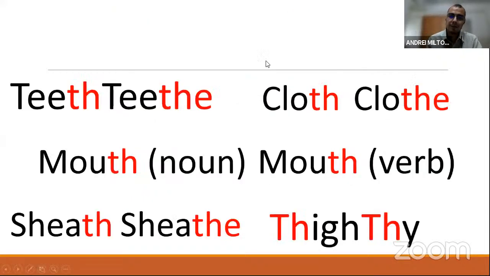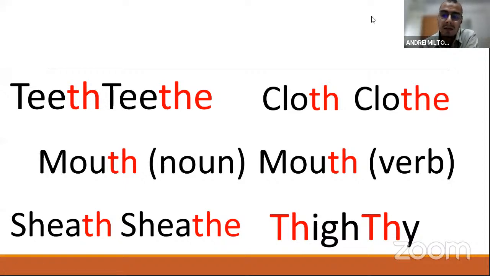Very good. Now, again, the difficult ones, okay? Very difficult. I will show you all of them, and then you will try it, okay? But you will get close to the camera because I can see how you're pronouncing, and you can see how my tongue comes out, like teeth and teeth, right? Cloth and clothes, right? Clothes and clothes.